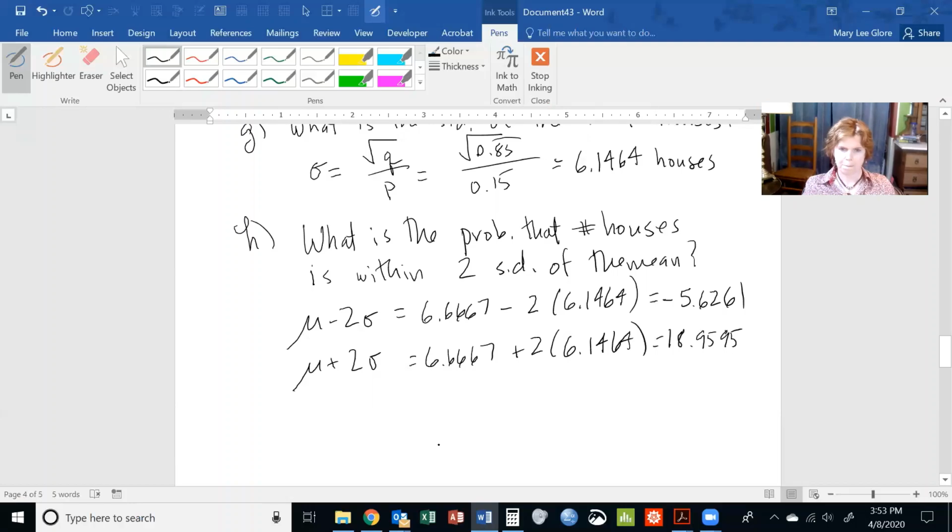Okay. So when I look at my possible values, I've got 1, 2, 3, 4, up to 17, 18, 19, and here I'll have negative 1, negative 2.